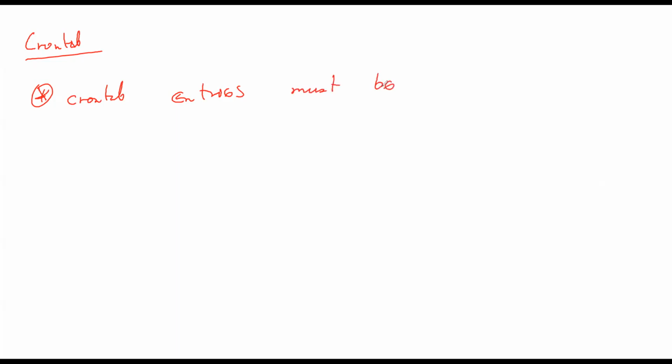I see students write really long entries, especially because they use long paths. So be careful with that. Crontab entries must be a single physical line in the file. Okay, so let's do another example then.